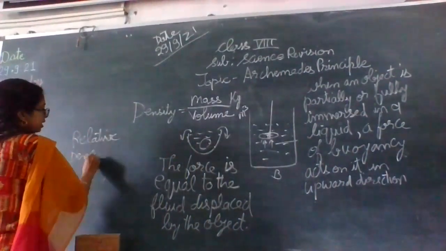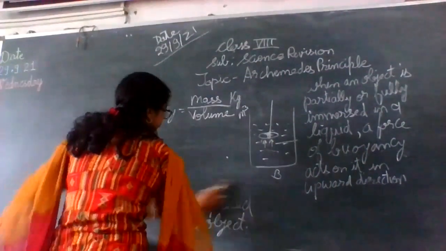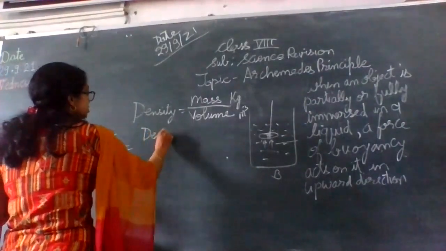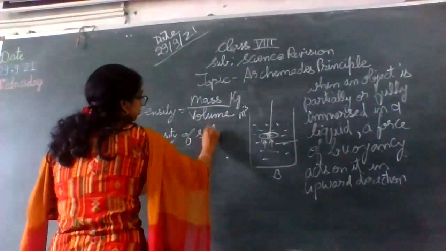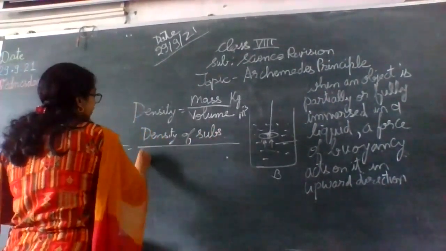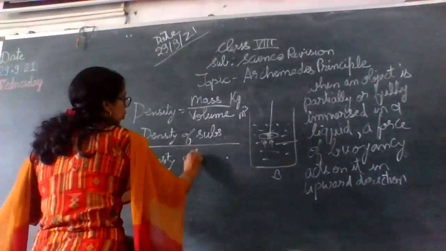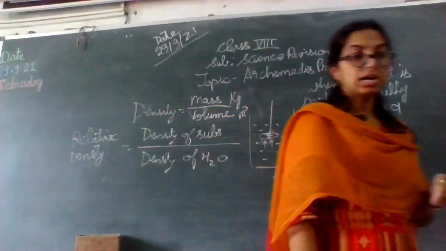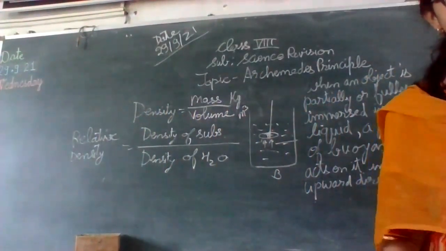For relative density, we take the formula: density of the substance that we are considering divided by density of water. So these are the two formulas related to density and relative density.